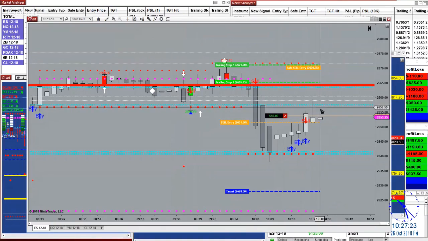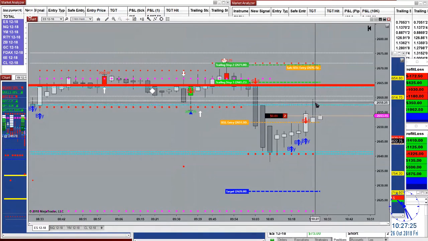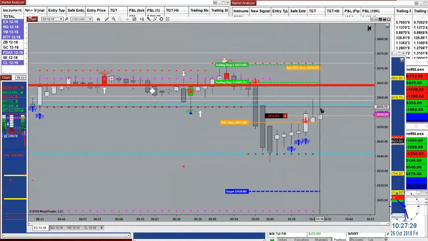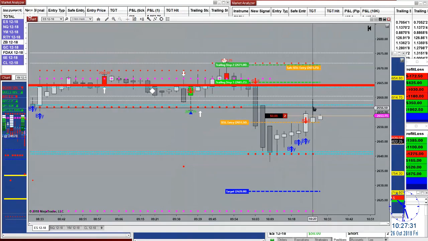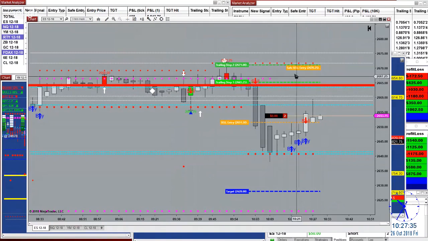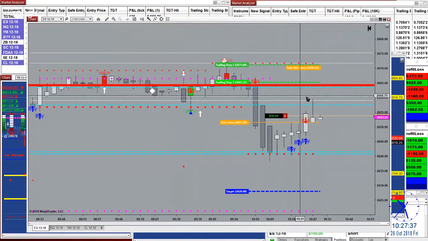This is a cat and dog game right now, and let's see if we are able to go back in. If we're not going to go back in, that means all the bets are off in this area here. All the bets are off.